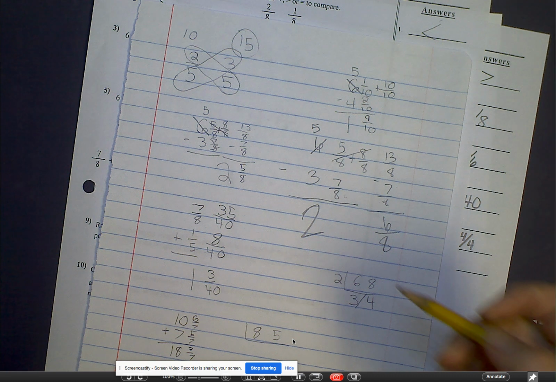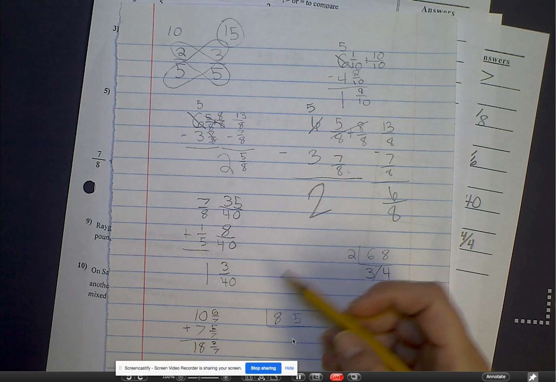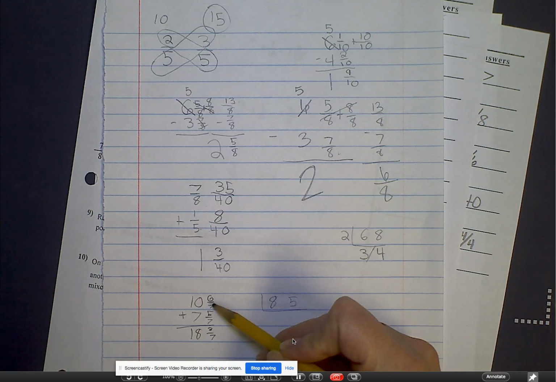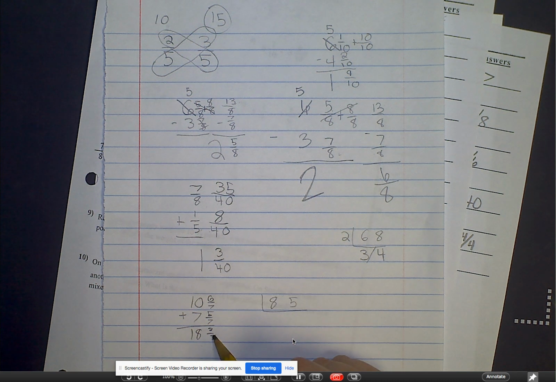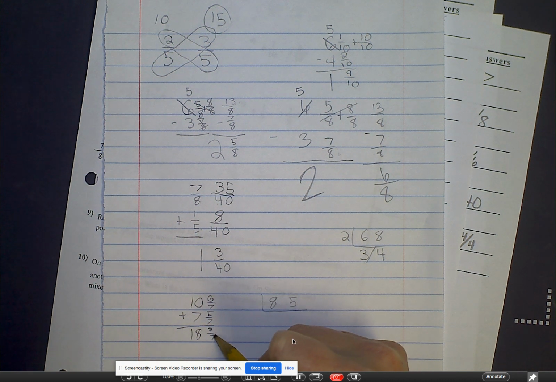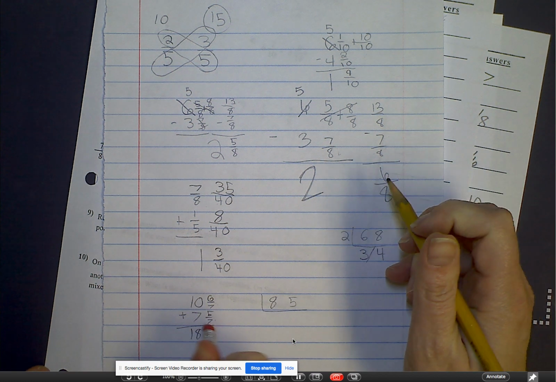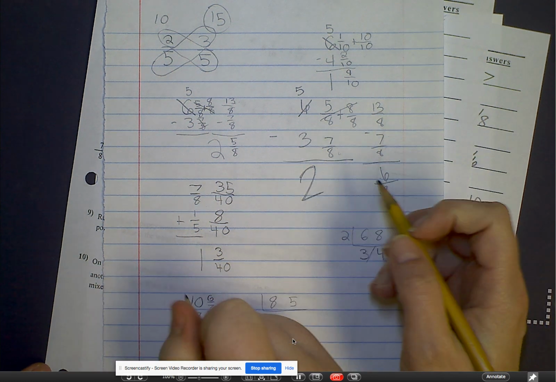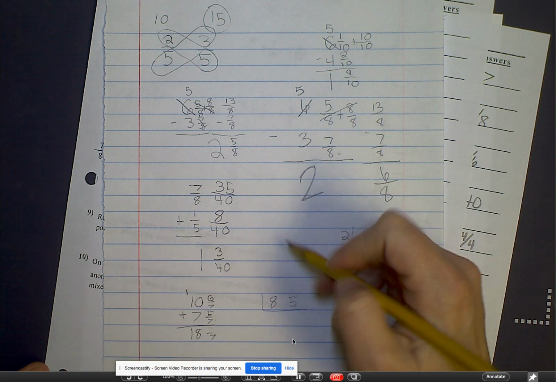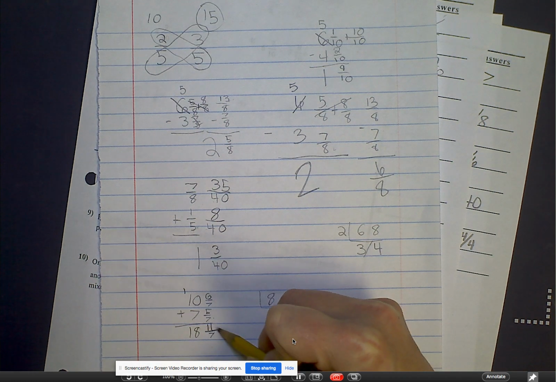All right, so 6 and 5 is 11. Is that what you got? 6 plus 5 is 11? Wait, I didn't put 11, but I added it as 1 whole. Okay, so this should be 11 sevenths, right? Yes.